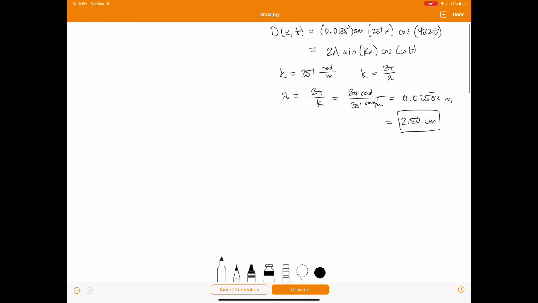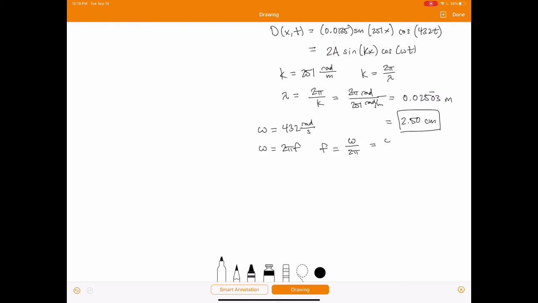Okay, also, by direct comparison, we can see that omega is equal to 432. And again, the units, which are just not written here, are SI units of radians per second for omega. And of course, omega is equal to 2 pi f. So the frequency of this standing wave is equal to omega over 2 pi.